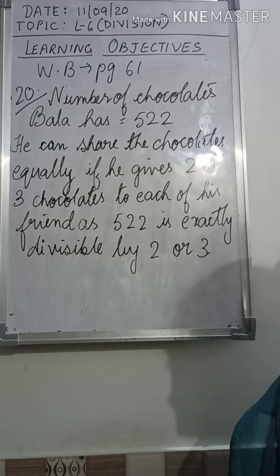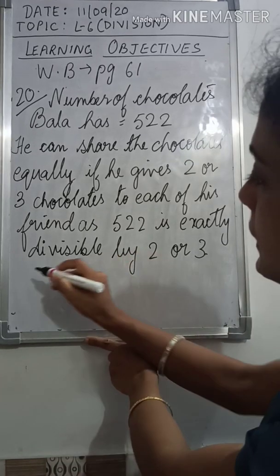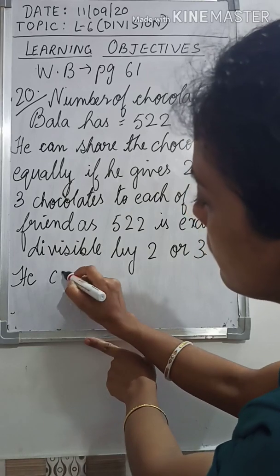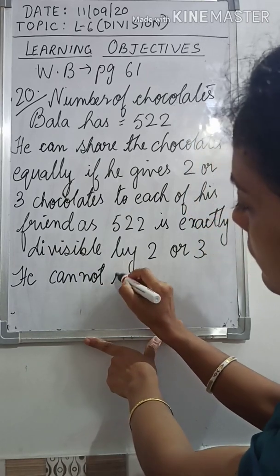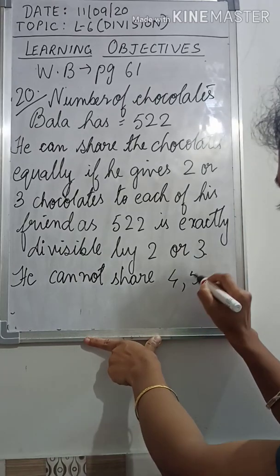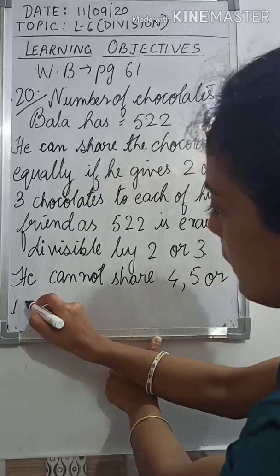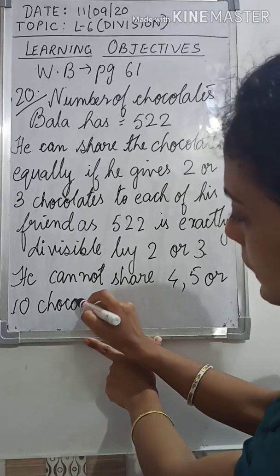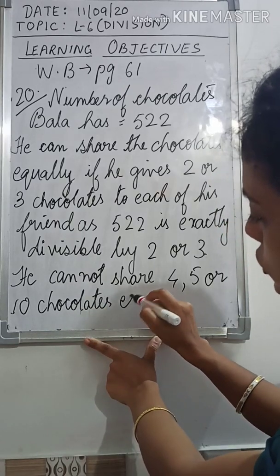And also you can write he cannot share 4, 5 or 10 chocolates equally to each of his friends.